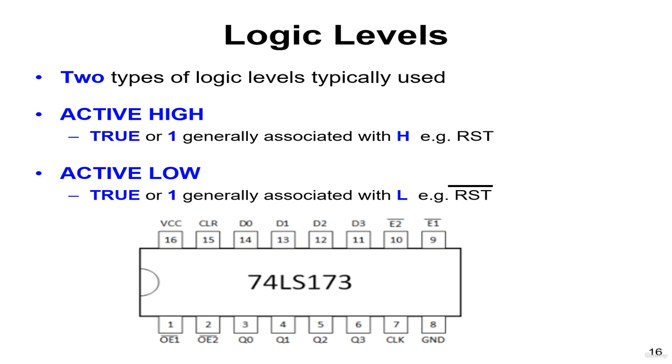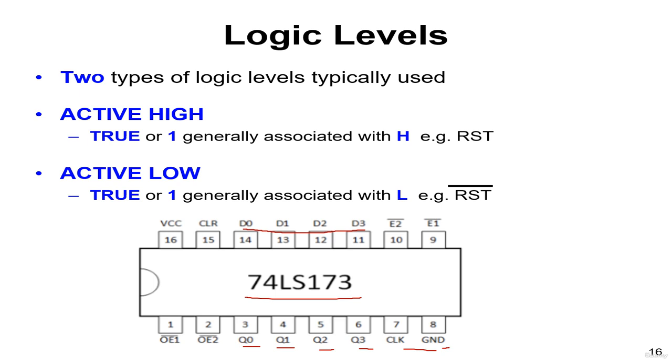There is an IC pinout which is shown at the bottom of the slide, that is the 74LS173. If you take a look at the pinouts, you would see different signals which are active high. Such signals include Q0, Q1, Q2, Q3, clock, ground. So it means there are some other signals like D0, D1, D2, D3, clear, VCC.